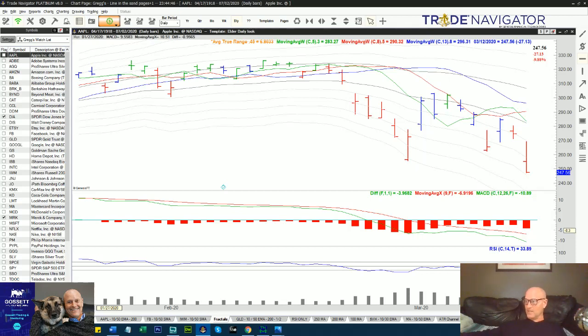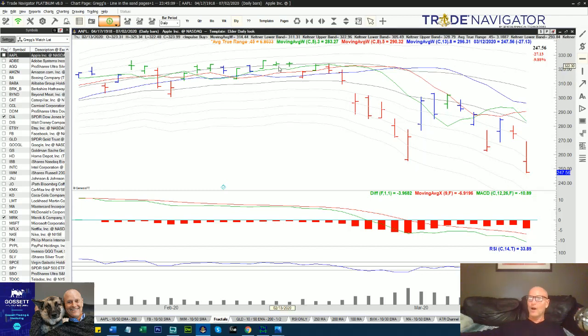Well, this is quite interesting. Look at Apple back here in February of 2020. You see how all the moving averages are intertwined. It's moving sideways. You don't need these to see that this is moving sideways. Well, look, here's a fractal right here to the downside. Here's the low.